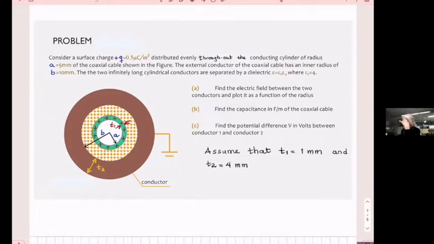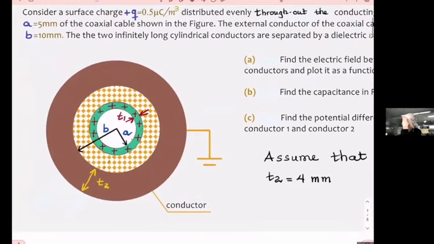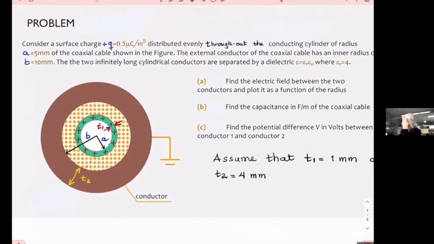And then I have here the inner radius of this conductor, the green one, where all of the charges distribute evenly. And then I have the thickness of the conductor. And I also have the charge density, volume density, as you can see here.